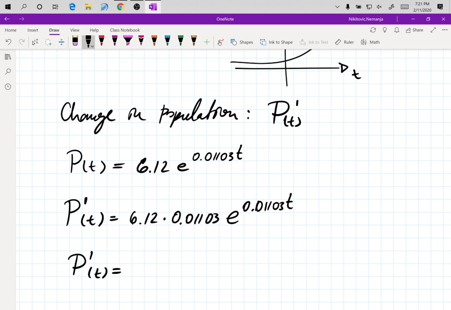It's like $20 of gas right there. Times 0.01103, and we get 0.0675 e to the 0.01103 t.